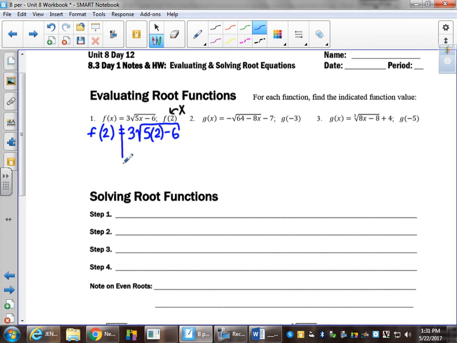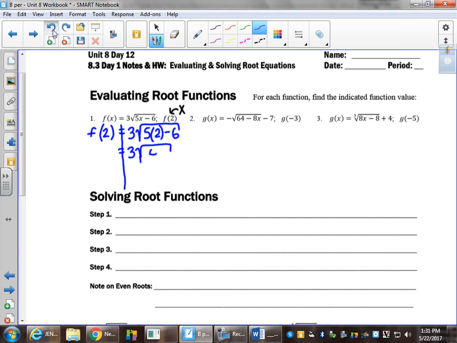I'll put a line down my equal sign so it all stays lined up. And now we are literally going to use our skills to evaluate. So 3 will stay on the outside. I need to take care of 5 times 2, which is 10, minus 6 is 4. So if you're comfortable just writing 4, go ahead and do that.